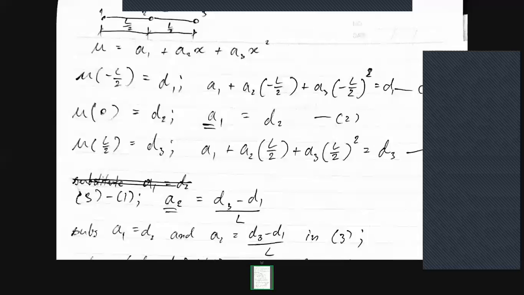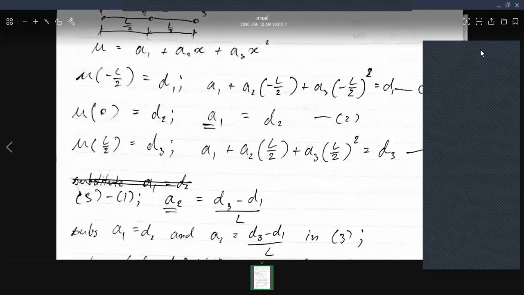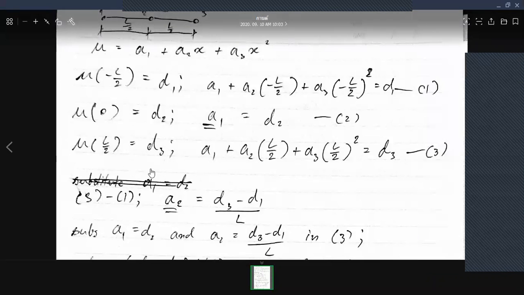Okay, let's start. From the element we have 3 nodes and we set up the coordinate at the middle node. From the assumed displacement function we know that at x equals minus L over 2 the displacement will be d1, and at x equals 0 the displacement will be d2, and in the same manner, u at L over 2.